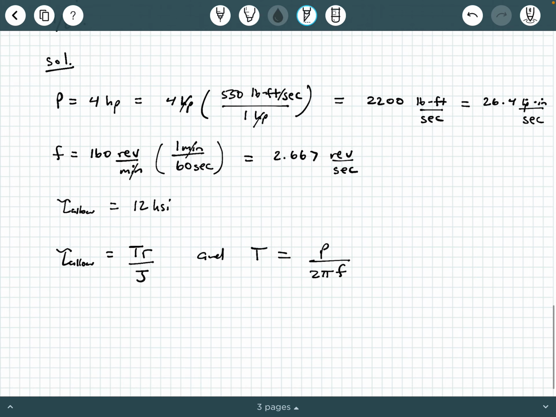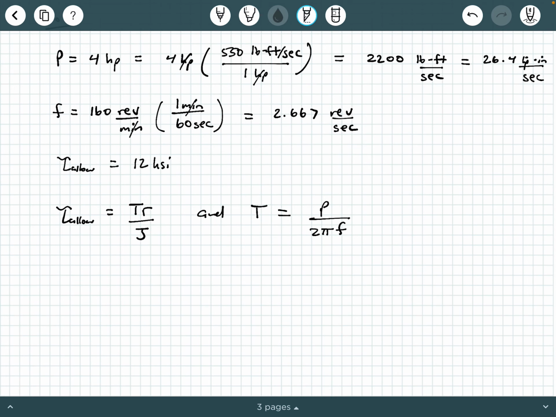Now you might be saying, well, wait a second, diameter is not showing up anywhere in either of these equations. Well, it is, because it's built into the radius and the polar moment of inertia. So let's break this down. Tau allow is torque times radius, which we can write as diameter over 2, over the polar moment of inertia for a solid circular shaft, which is pi times d to the 4th over 32, okay?